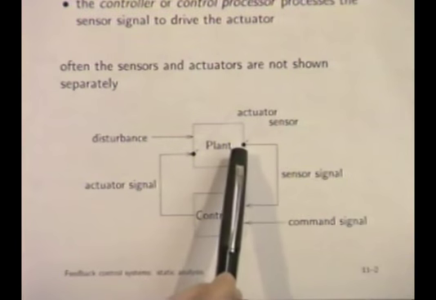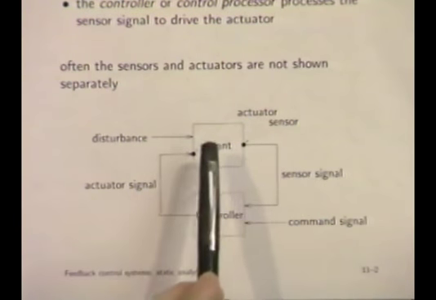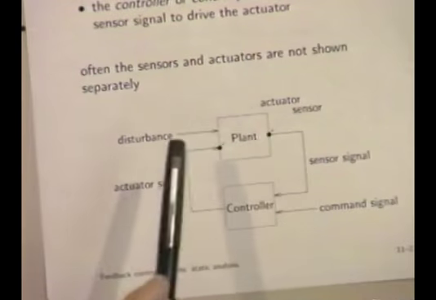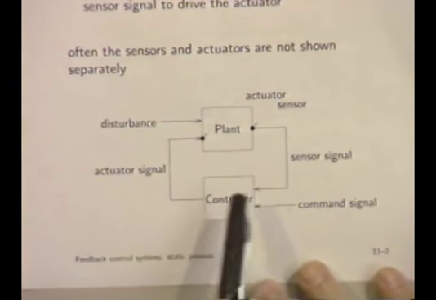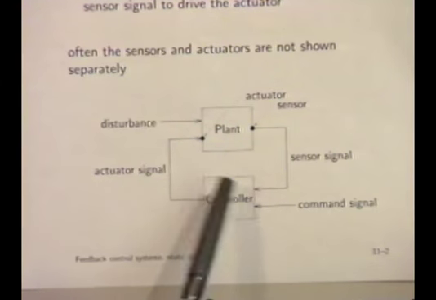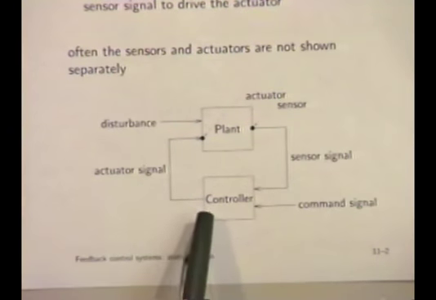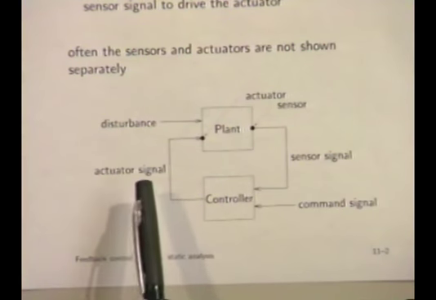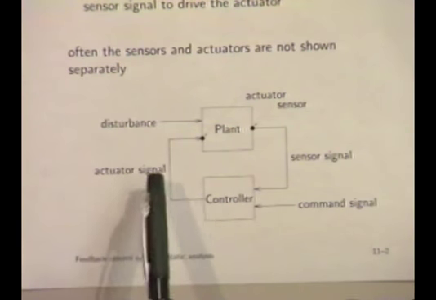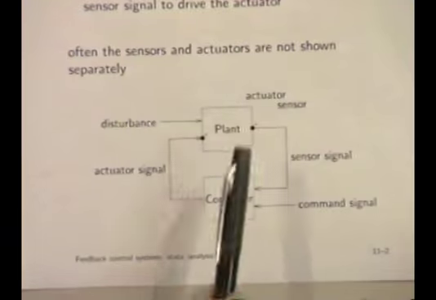The sensor produces a signal that tells you what's happening in the plant. That signal, called the sensor signal, goes into a processor, also called a controller, which processes the sensor signals together with the command signals to produce the actuator signal. The actuator signal tells the actuator what to do.